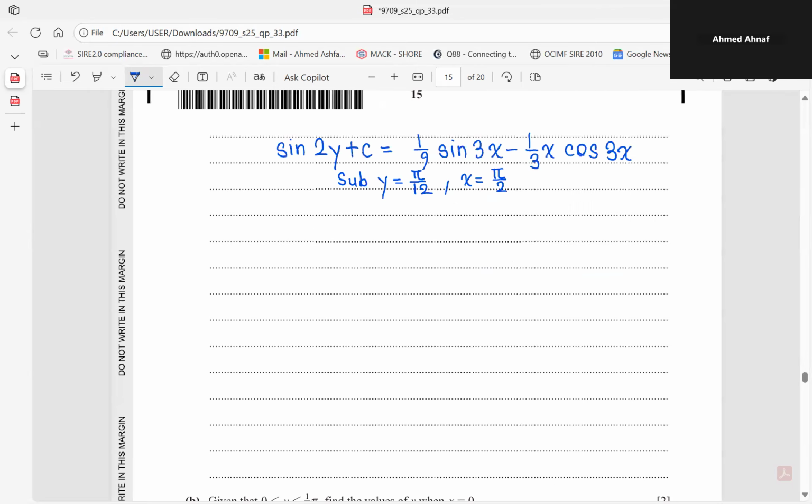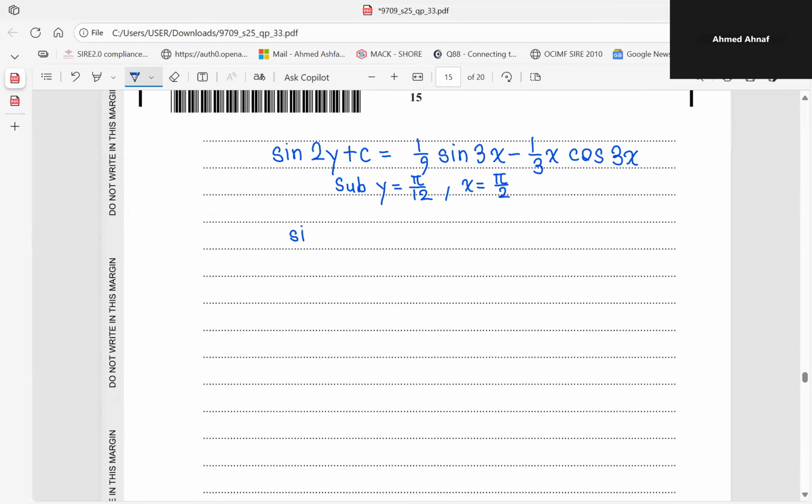And this would give us sine pi over 6 plus c equals 1 over 9 sine 3 over 2 pi, minus pi over 6 cosine 3 over 2 pi.